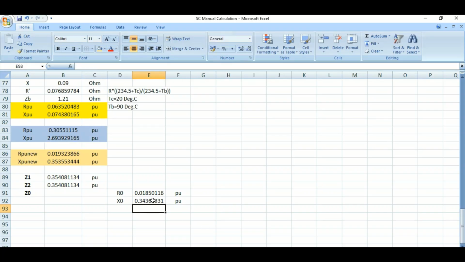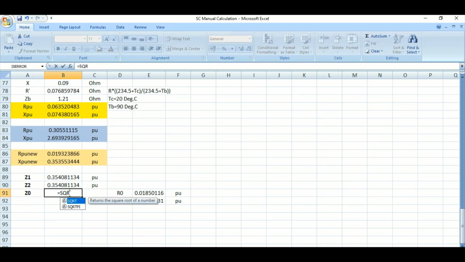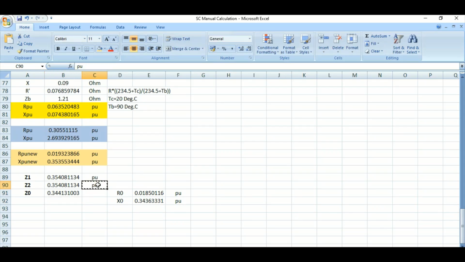Yeah, and now we can find out the value of Z equals just the square root of this square plus this square, this one. Yes, now we are done in per unit.